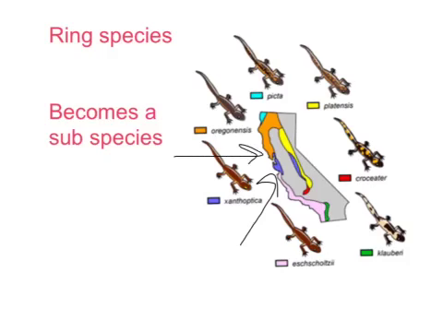The blue and the orange will interbreed. That turquoise and the pink is not going to interbreed. And so the ones that are geographically close to one another are able to interbreed. But the ones at the far ends that are geographically far apart are not able to interbreed. So that's what's called a ring species, which will eventually morph into what's called a subspecies.